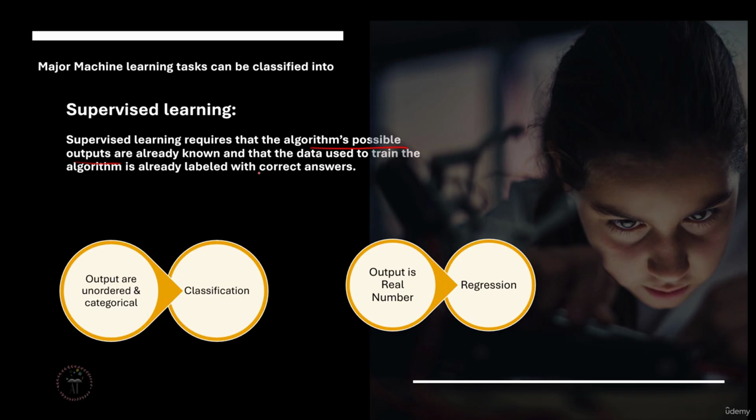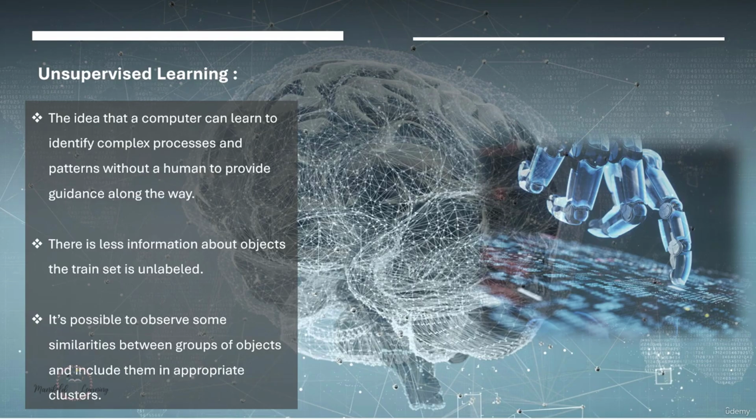Now, depending on our data set, if my data set contains only the features, then in such scenarios, we call the machine learning approach unsupervised learning. Here, the overall idea is to learn complex representations by looking at the similarities within the given data set itself. So it will try to understand the pattern without us, as humans, giving the information.